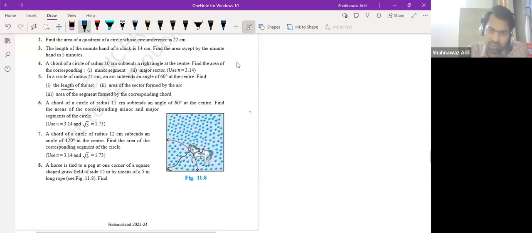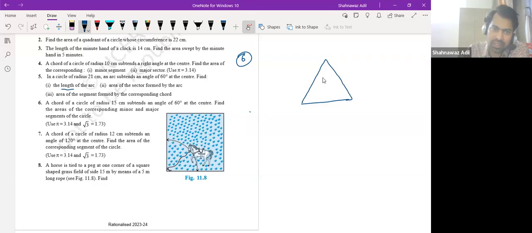Okay, so sixth one. A chord of a circle of radius 15 centimeter. So radius is given and there is this chord, right? And it subtends an angle of 60 degrees. So as we have discussed before, what would be this triangle?